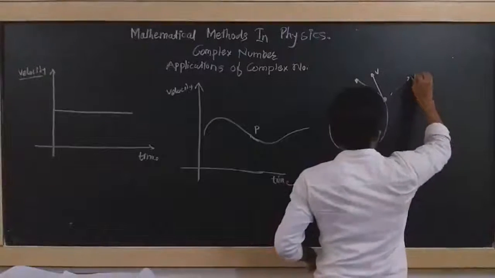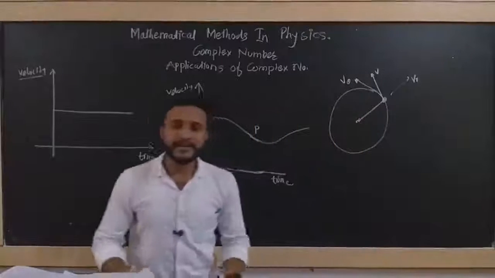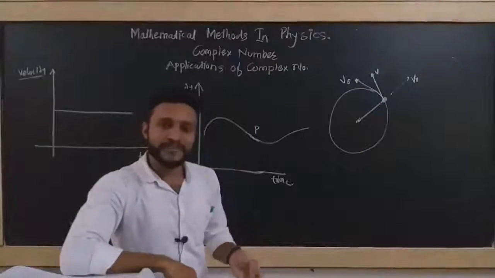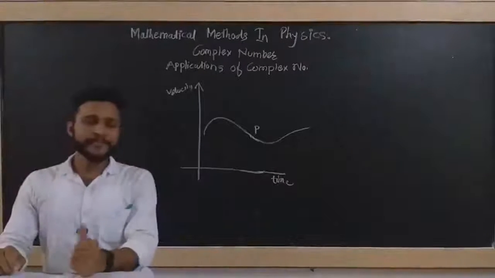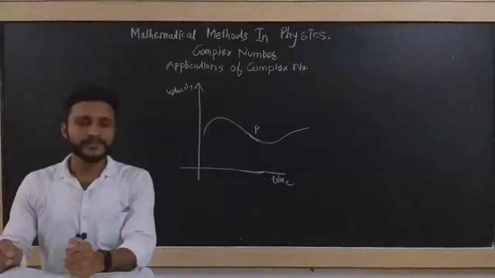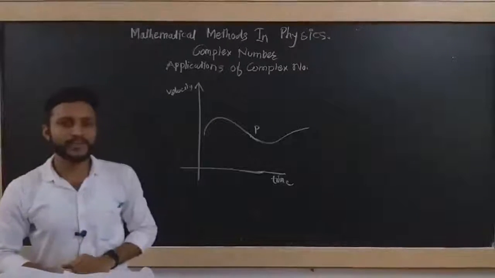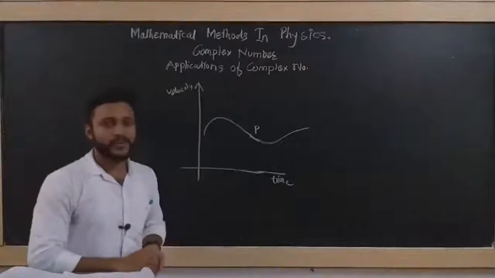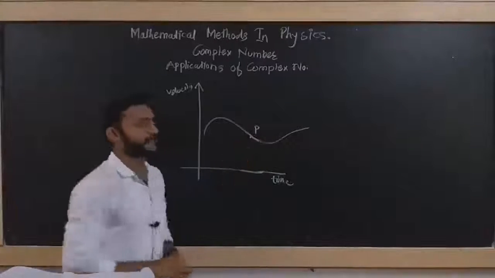So Vr and V theta, because r and theta are both functions of time in circular motion. They are continuously changing. But it is very complicated to find the radial and transverse components of the moving object along the curve, because we don't know the exact position of the object here.